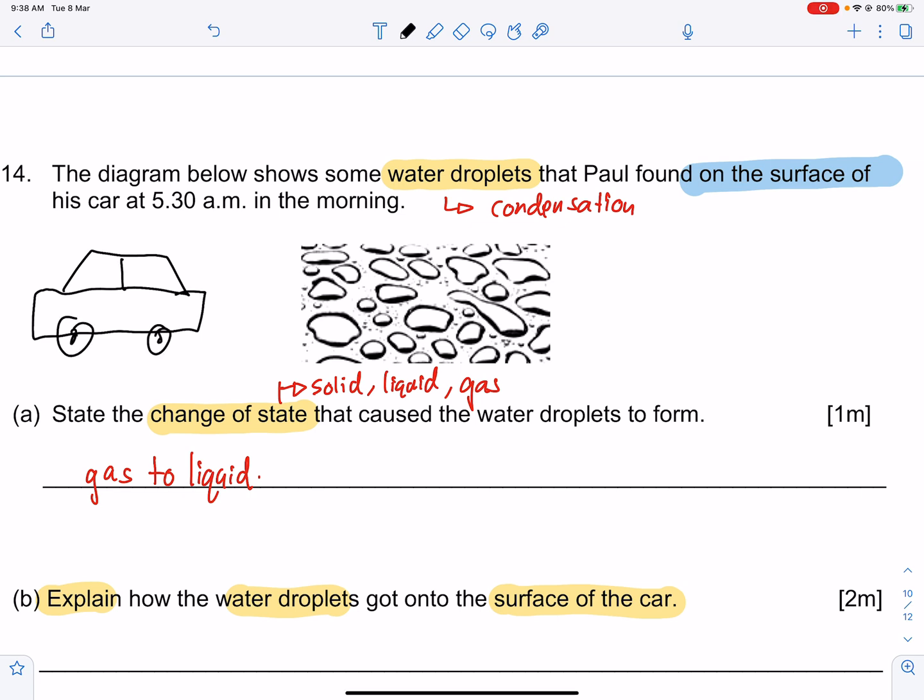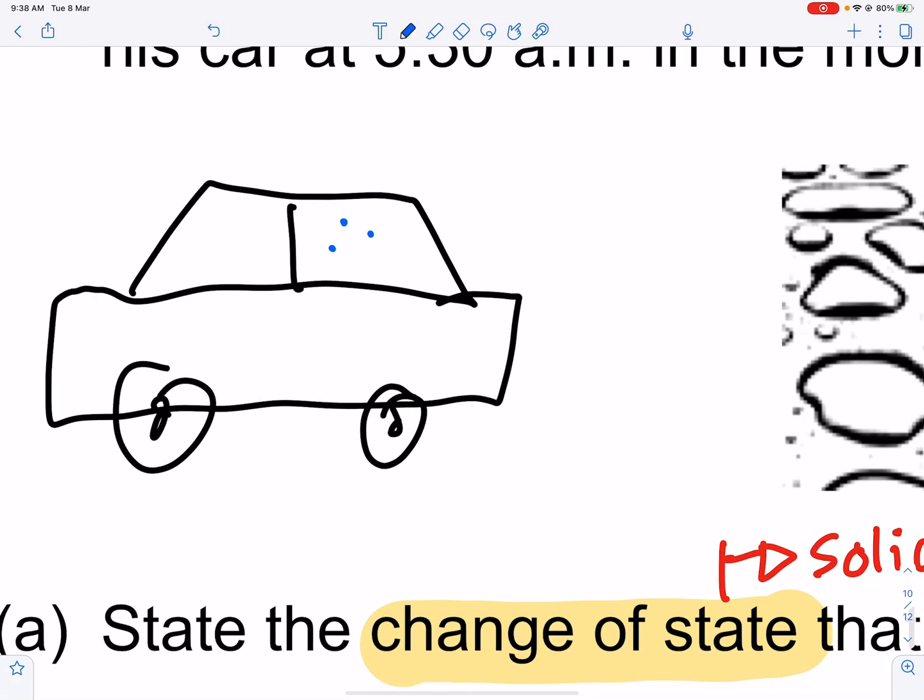Now, the fact that he found the water droplets on the outside of the car tells me that the warmer water vapor is actually from the surrounding air. Maybe I should use a different color to denote warmer water vapor. My apologies. Let me change to a warmer color.